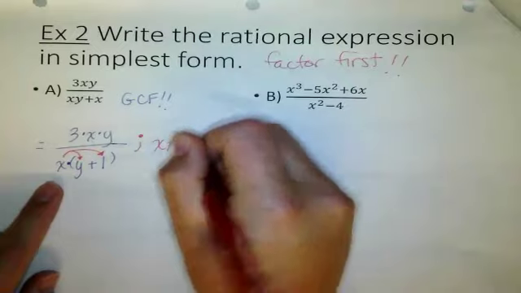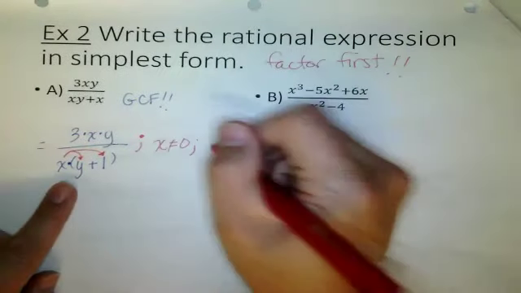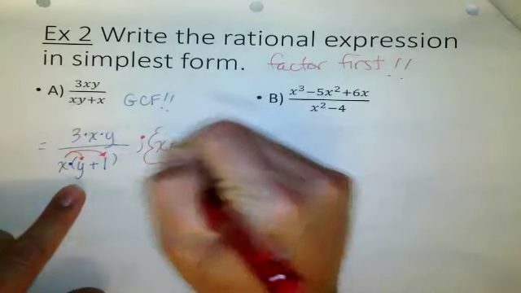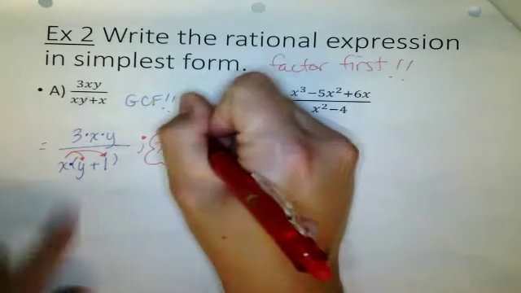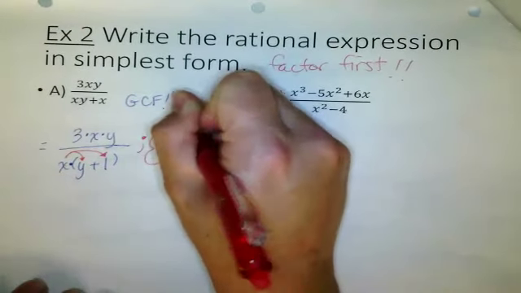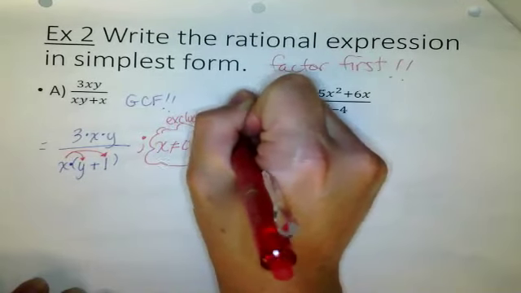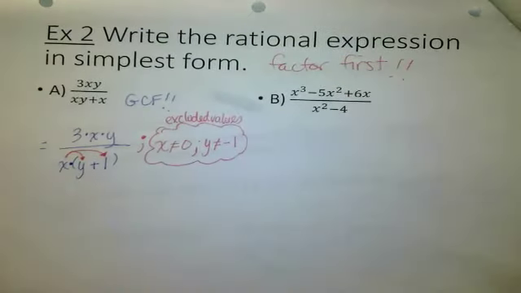What else? Y cannot equal -1. Very good. These are the excluded values. I think it's really nice to start thinking about those. They are the things that make that denominator 0, and we want to make sure we're always aware we cannot have those as answers, essentially. They can't be part of our solution.